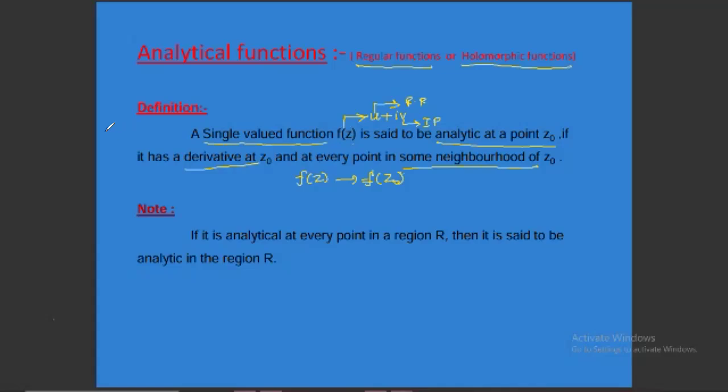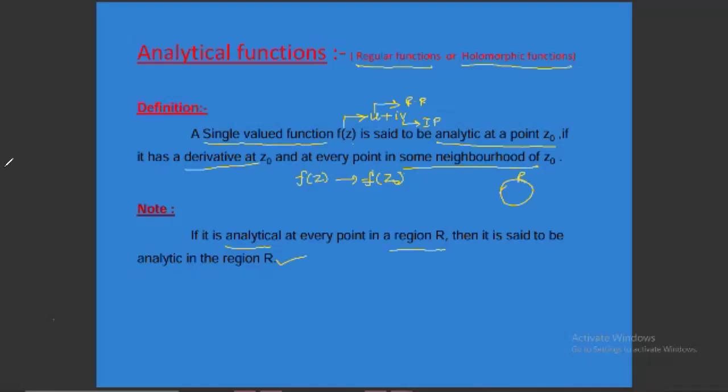Note: if it is analytic at every point in a region R, then it is said to be analytic in the region R. That means not only at one such point, but in the whole region R, then we say f of z is analytic in the region R.